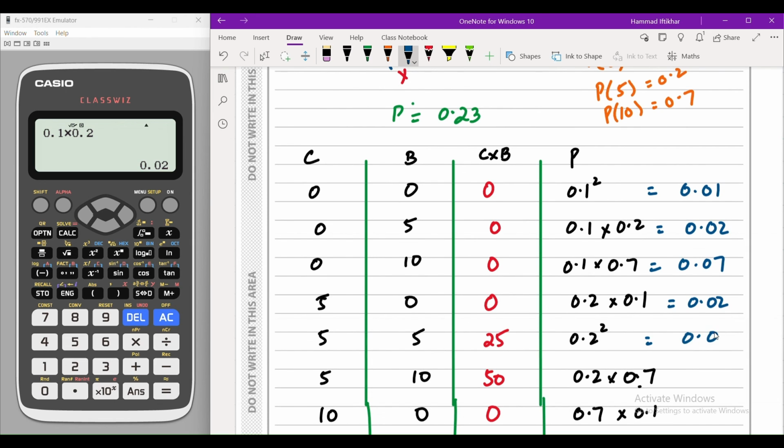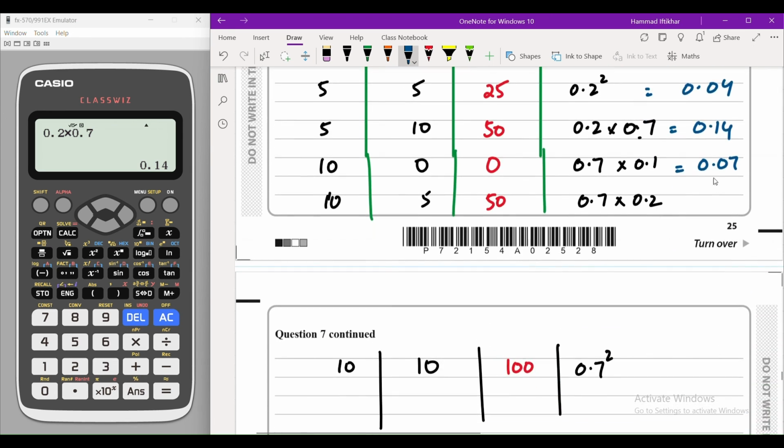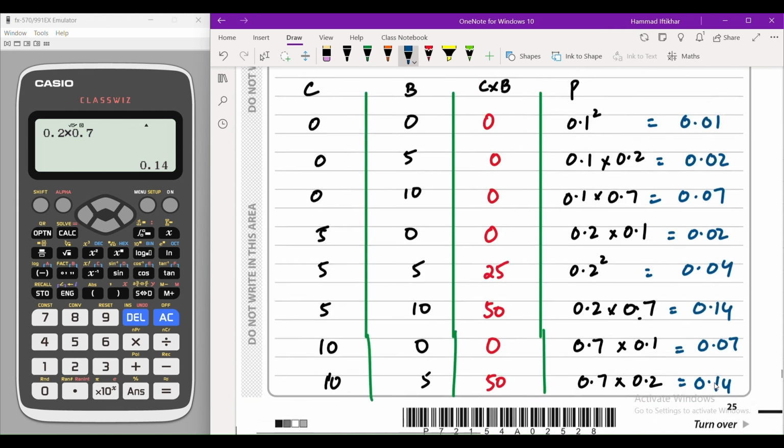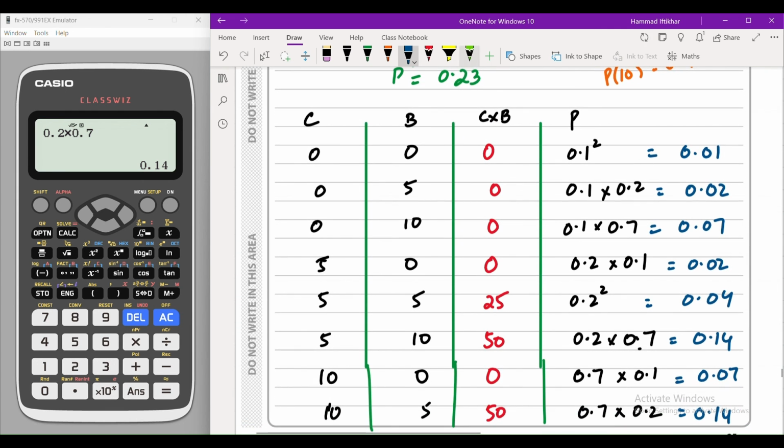This is going to be 0.04. 0.14, I think. Yes. 0.07. 0.14 and 0.49.